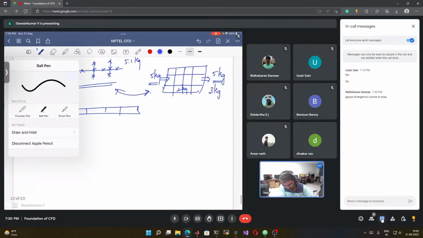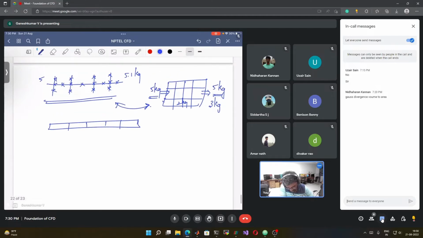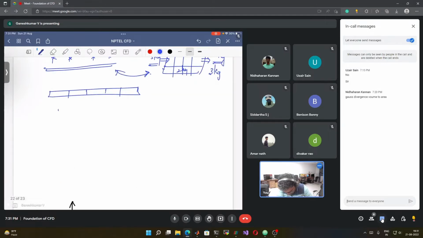Right, right. So in a finite volume method, there are two types of approach, which you will eventually learn. One is collocated and the other is staggered. So there are two ways to store the values.